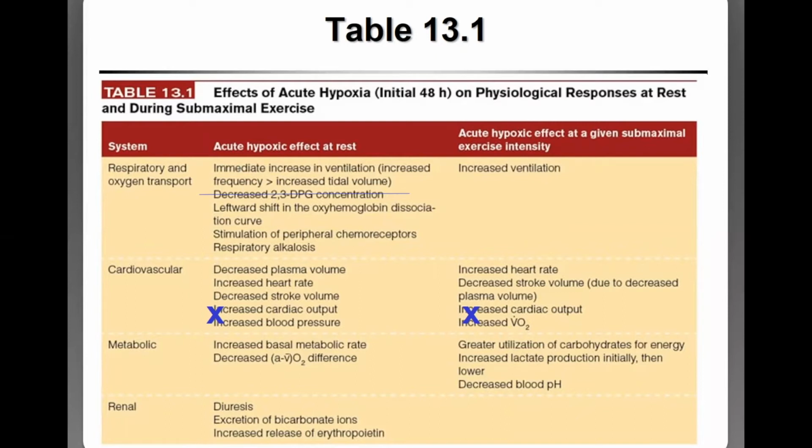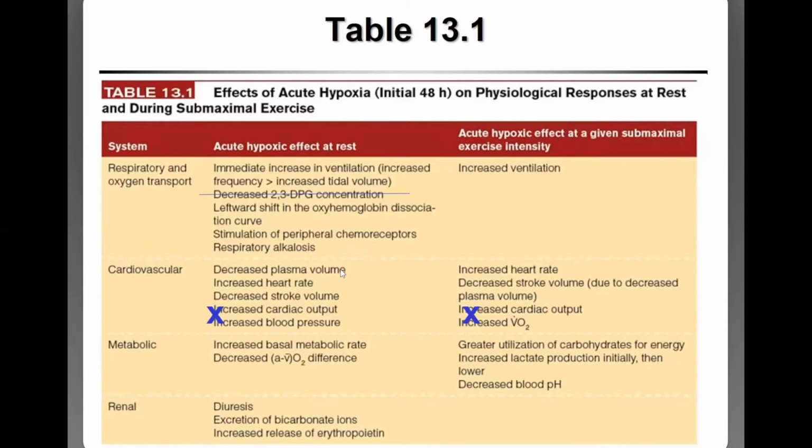We talked about the leftward shift in the oxygen hemoglobin dissociation curve, and we talked about our pH increasing and us becoming more alkaline as a result of the low partial pressure being detected by our chemoreceptors, which then stimulate hyperventilation.